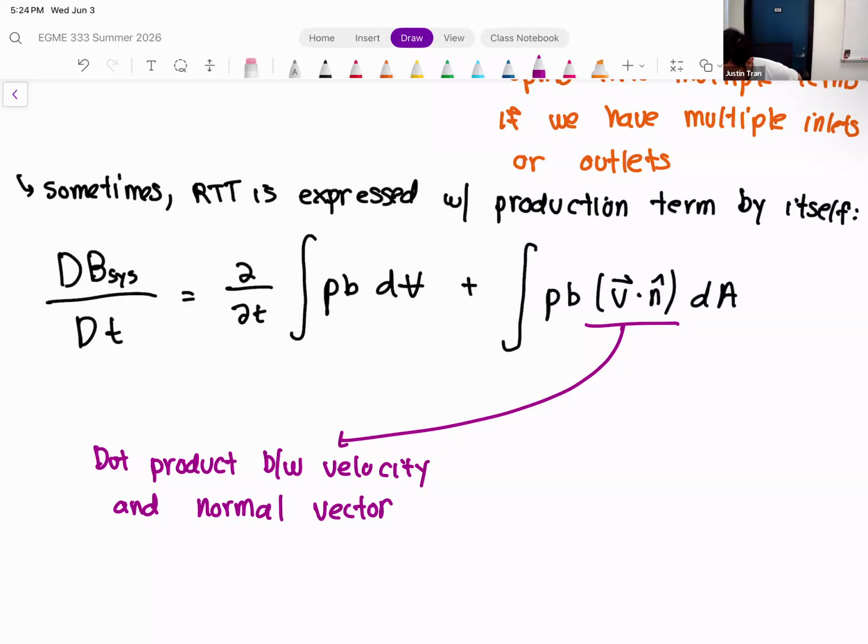Because technically a dot product, if you write it out, is the magnitude of the velocity multiplied by the magnitude of the normal vector times the cosine of the angle between them, right? So that's just our typical dot product formula. Okay. But usually, when you're applying Reynolds transport theorem, remember, you have freedom to choose your control volume, right? So most of the time you're going to choose your control volume in a way such that when you compute this dot product, it's convenient.